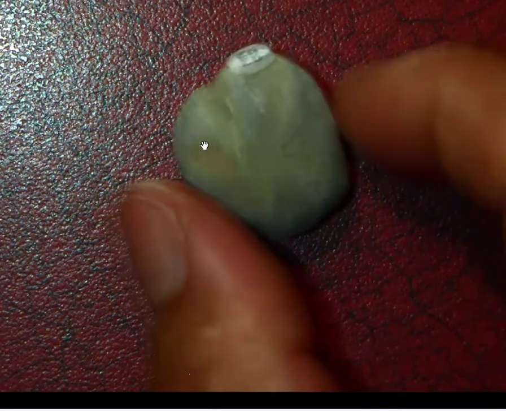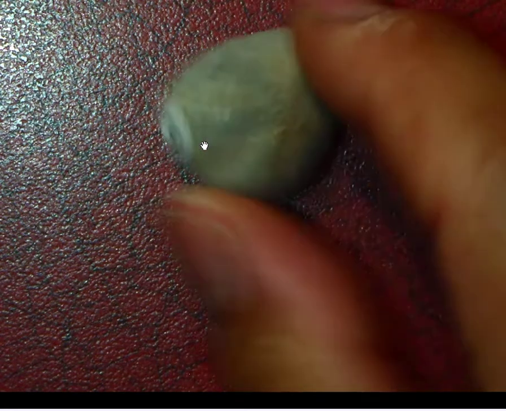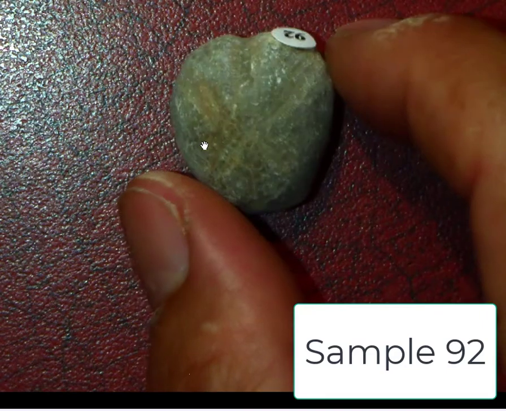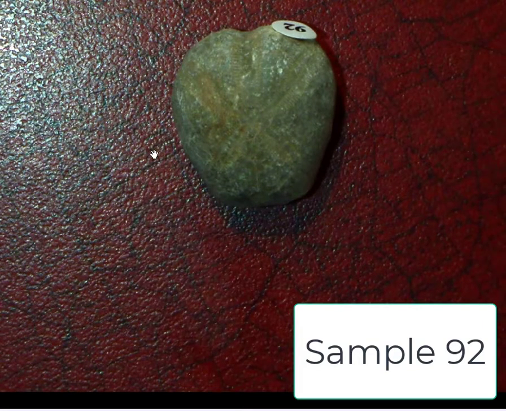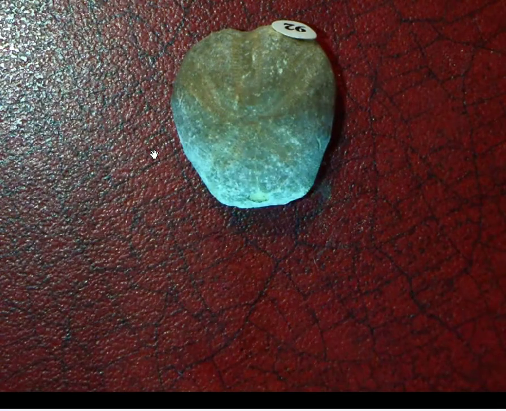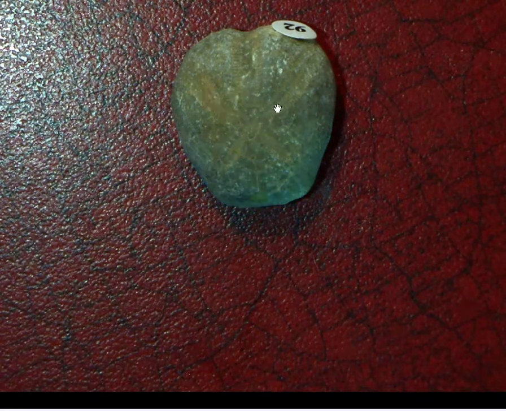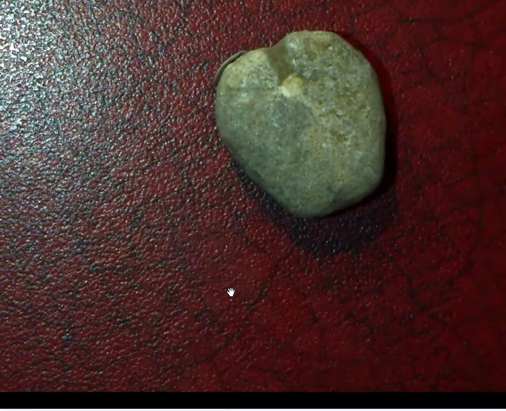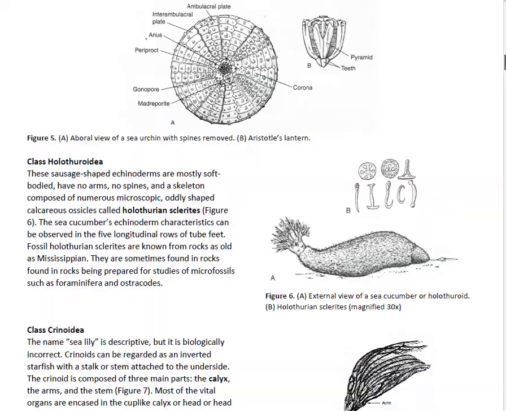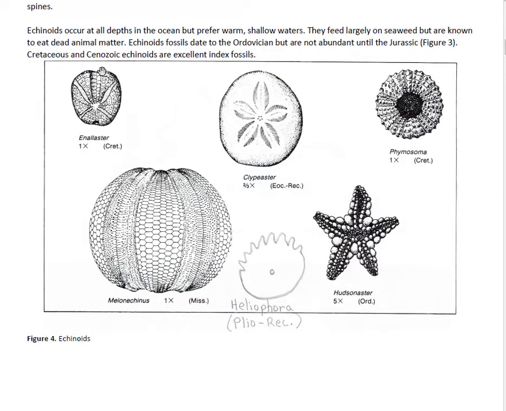And then another echinoid here, sample number 92. This one's interesting in that you can definitely see that pentaradial, that five-fold radial symmetry right here. See that? And you can actually name the different parts there. Note that unfortunately in our fossil diagrams for these, they don't show the underbelly.